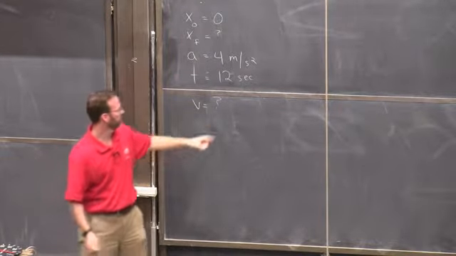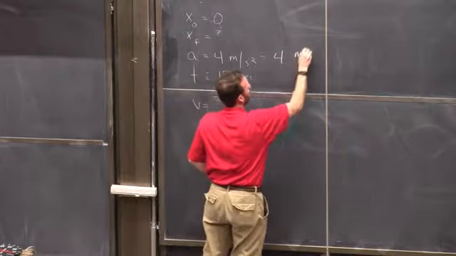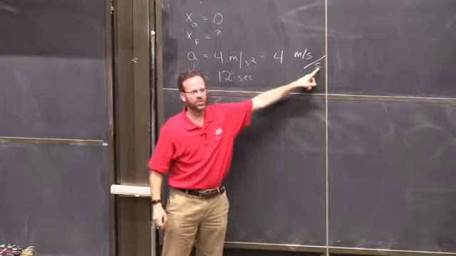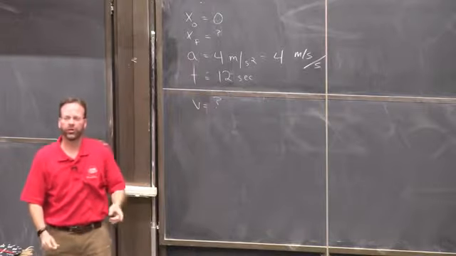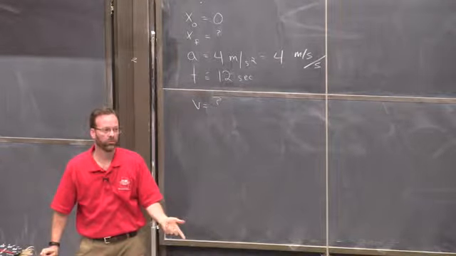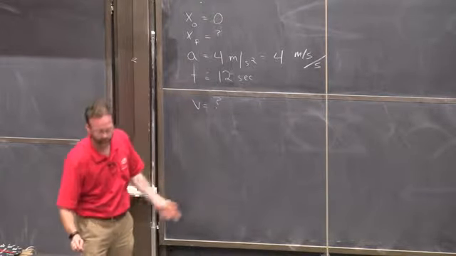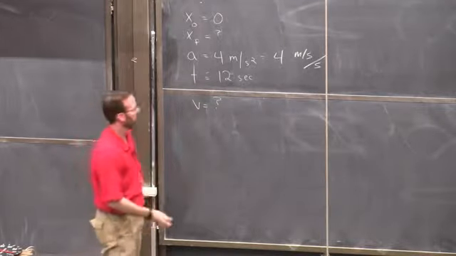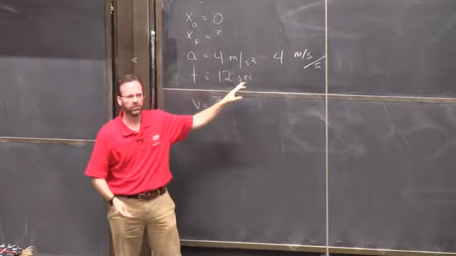Every second, its velocity will change by 4 meters per second. So if we do that for 12 seconds, what will it get up to? 4 times 12, 48. Oh, it matches. So conceptually, does that make sense?